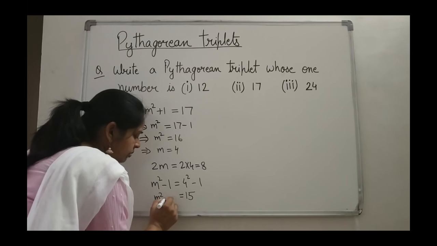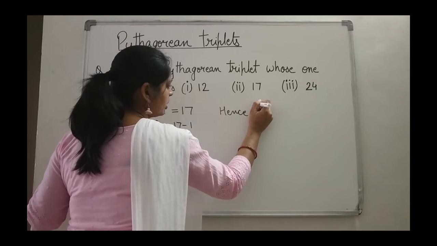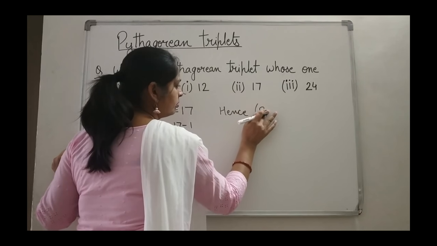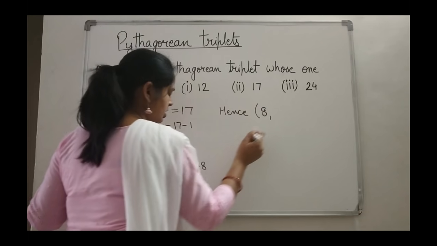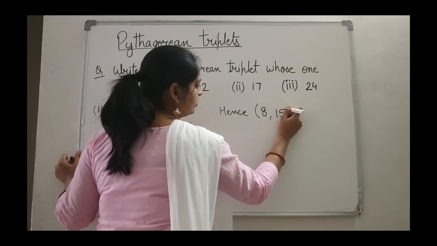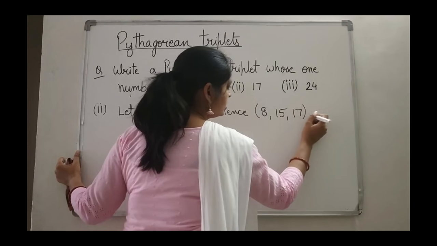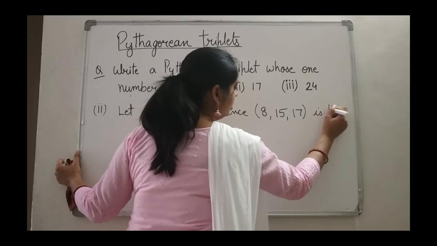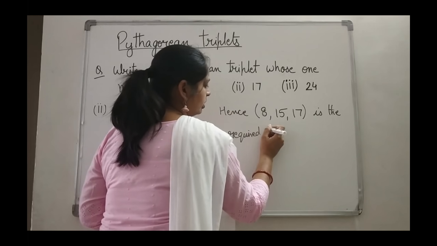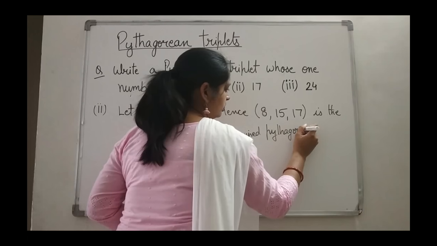So in sequence I will write the three terms: first is 2m, that is 8, second is m square minus 1, that is 15, and third is m square plus 1, 17. Hence, this is the required Pythagorean triplet.